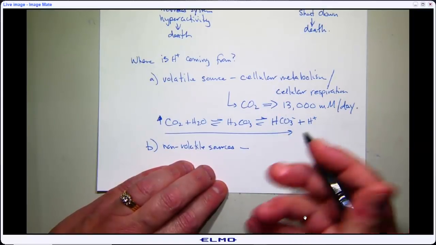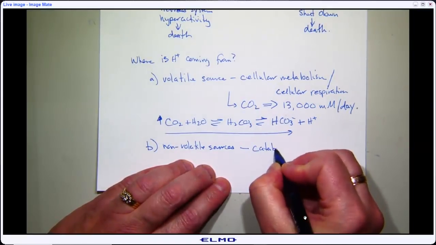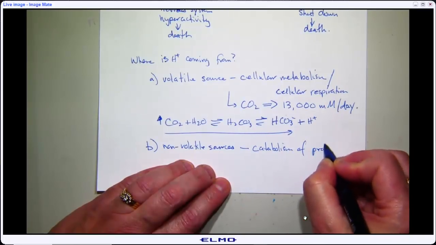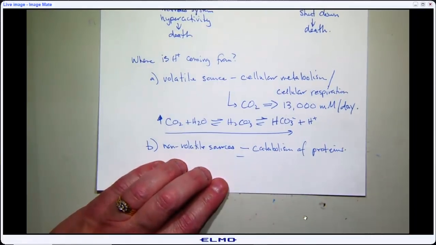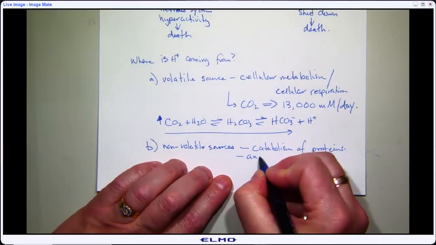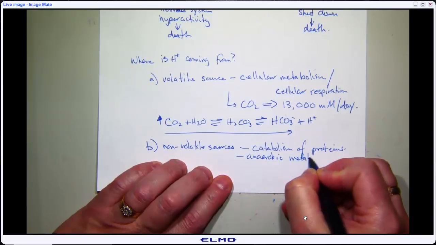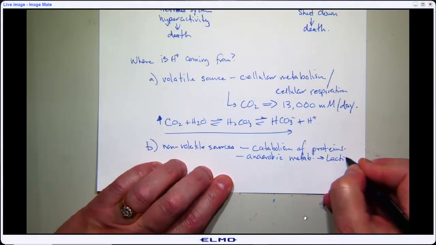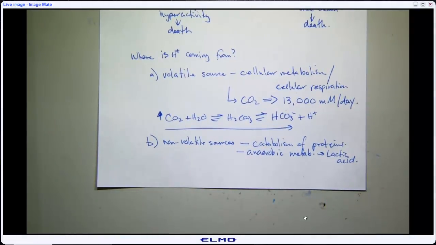So this is a lot of the biochemical stuff, like catabolism of proteins. Anaerobic metabolism is going to result in hydrogen ion production. So classic lactic acid production due to anaerobic metabolism.